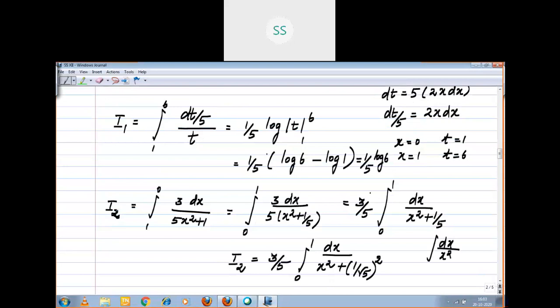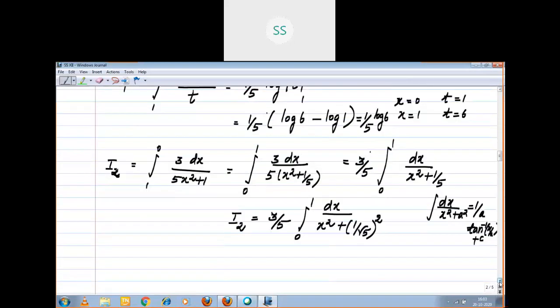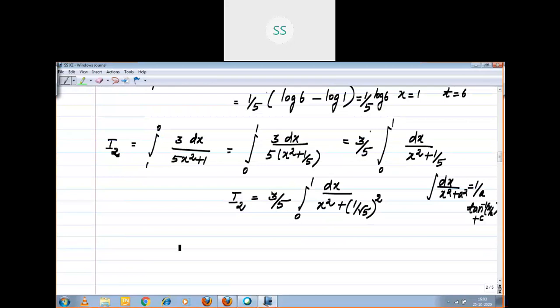Now it looks like your formula: dx divided by x square plus a square equals 1 by a into tan inverse x by a plus c. Here what is your a? Our a is 1 by root 5.